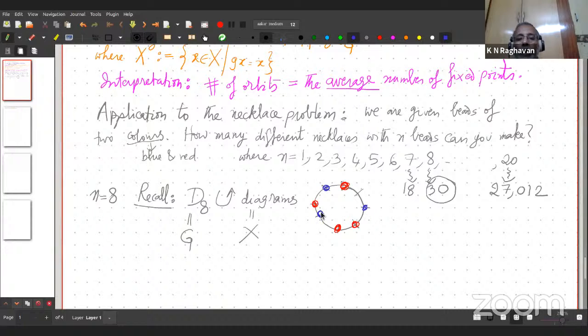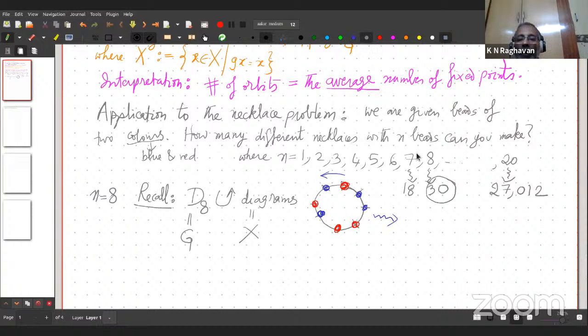Okay. And if I act with the 45-degree rotation, so let's say I take an element of G, it is a reflection, one of the 8 reflections, or it is one of the rotations. So for example, if I choose the 45-degree rotation from G, how does it act on this diagram? It will turn everything in this direction. So let me actually write down what the image will be.